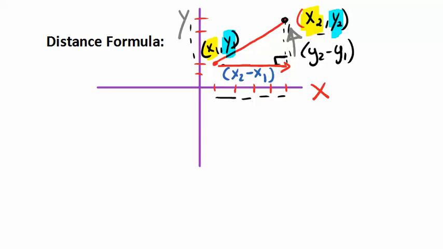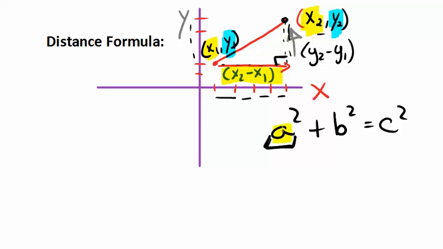Now let's go back to that Pythagorean theorem. a squared plus b squared equals c squared. Well, a in this case is our horizontal distance, which is x2 minus x1. So that's going to replace that, x2 minus x1, and that's squared. b in this case is our y distance.